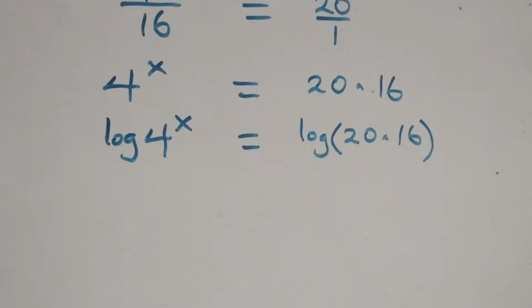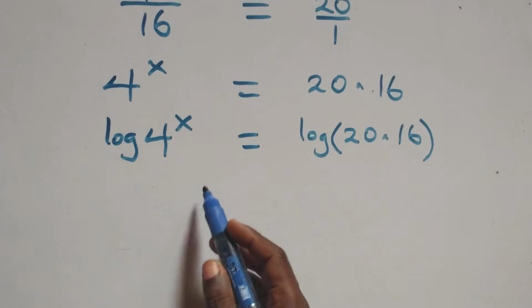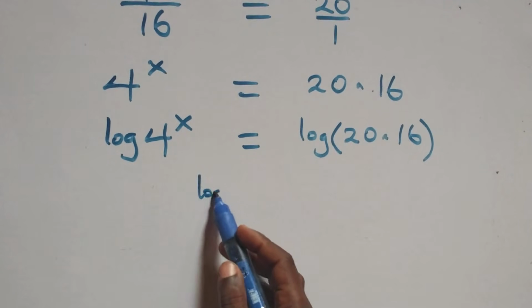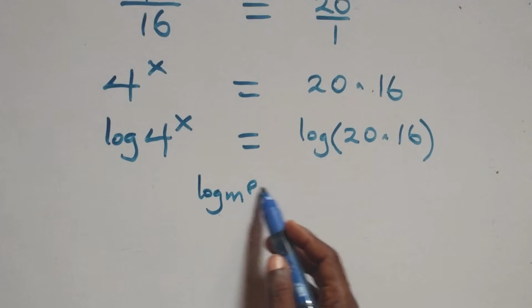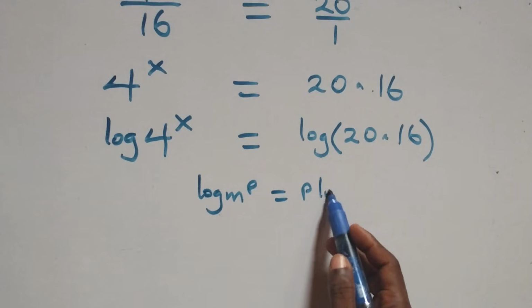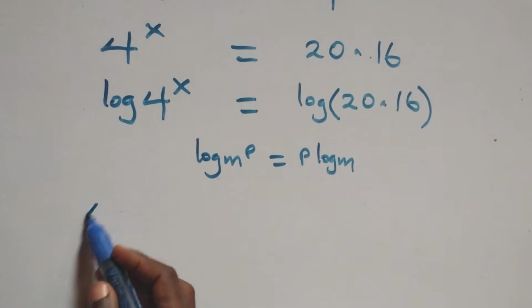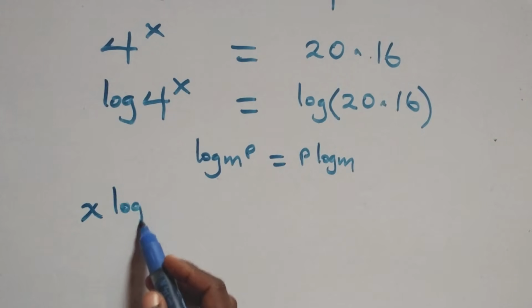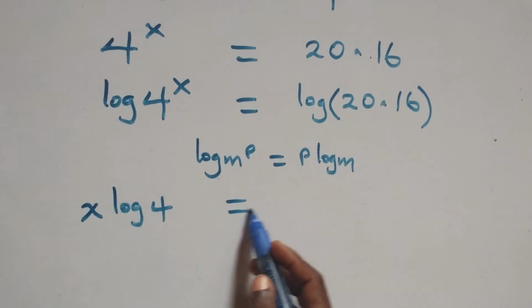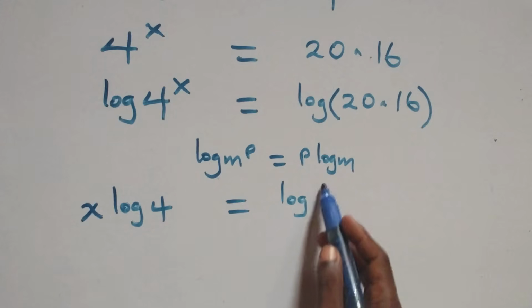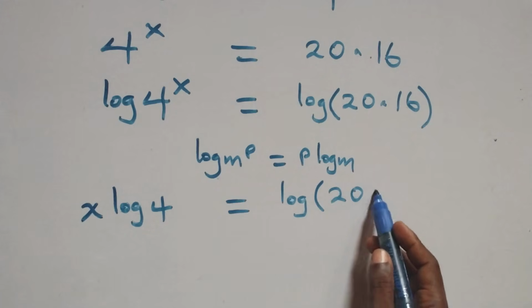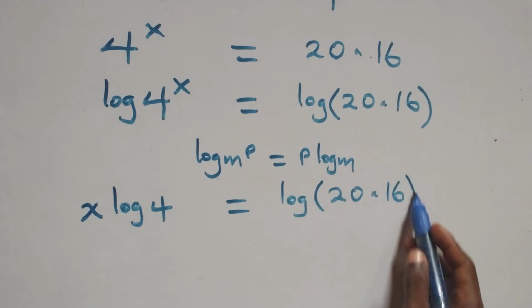The next step here, apply the power law of logarithm. When we have log m raised to power p, this is the same thing as p log m. Here we have x log 4 equals log 20 times 16 here.